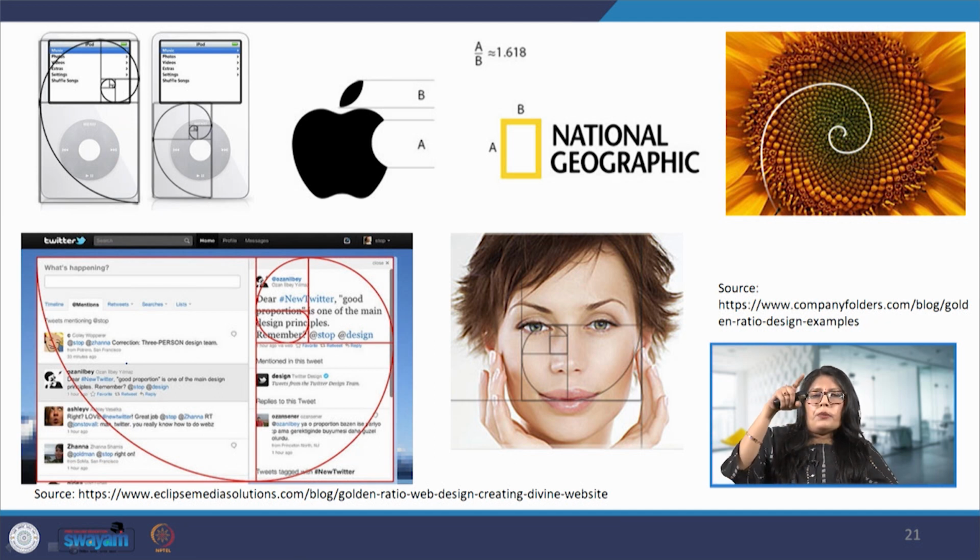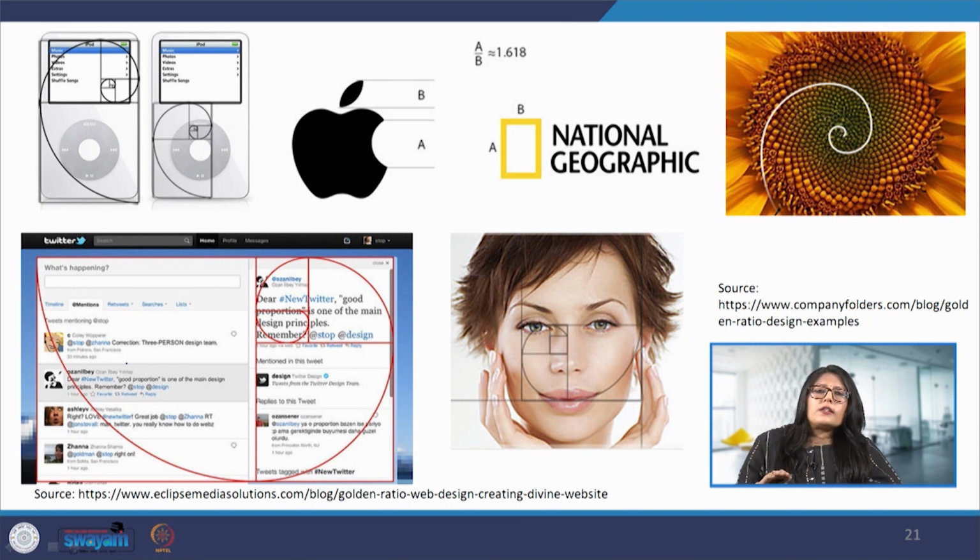Similarly, we can see the flowers in nature, the way the seeds grow in a sunflower, so they also form a golden ratio which makes the golden spiral and so on. Now, this concept which was discovered by Pythagoras and the ancient Greeks has been used in ancient architecture and in creating art.